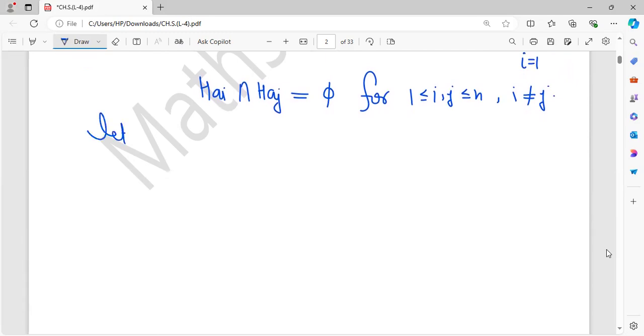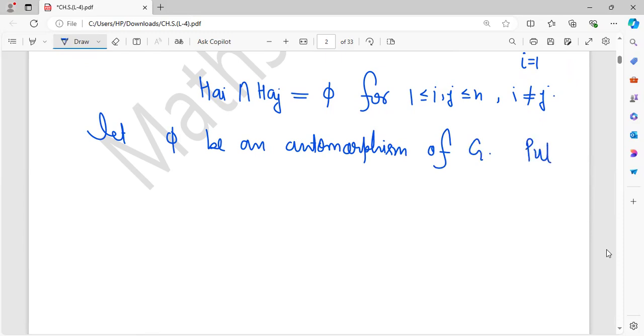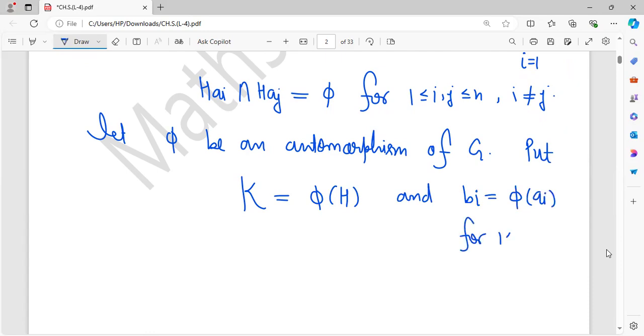So let phi be an isomorphism of G. Put K equal to phi(H) and bi equal to phi(ai) for i from 1 to n.